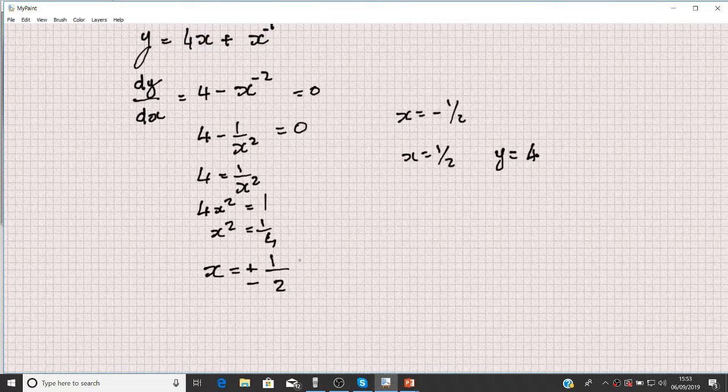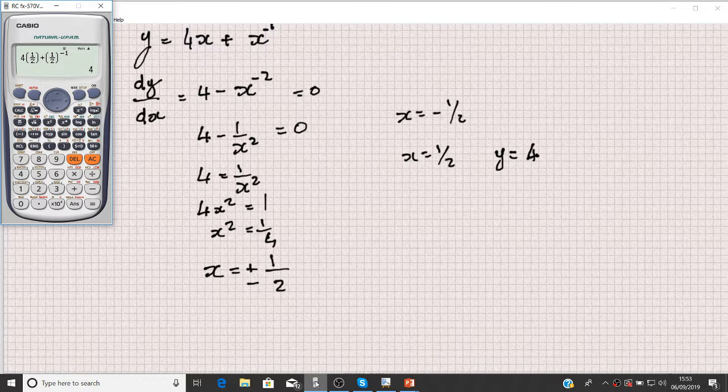And we go back and substitute the negative a half on our calculator. So I'm just going to edit the screen to make this one negative and make the other half negative.